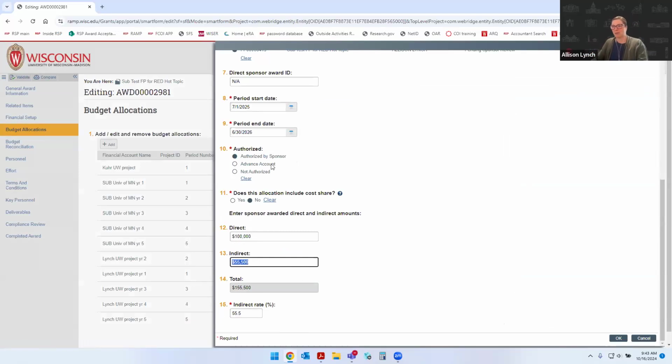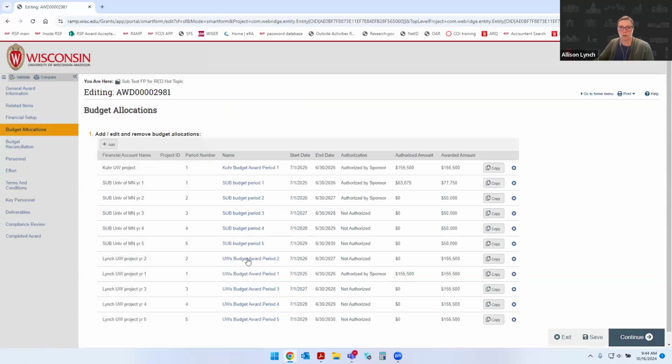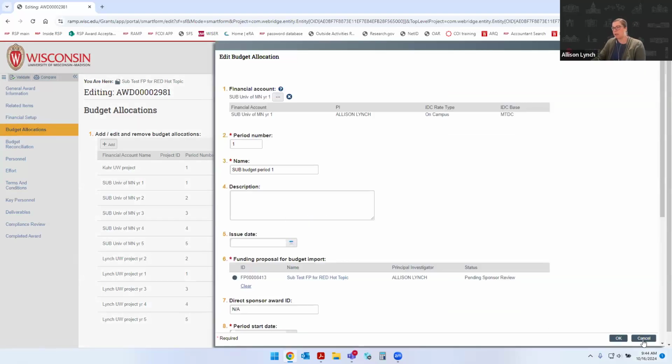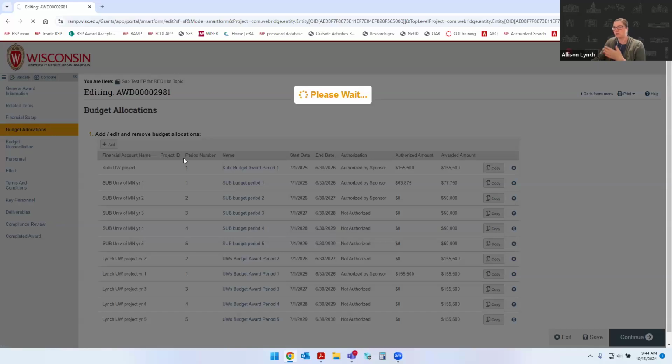So the budget allocation page is where you're documenting the lump sum direct and indirect splits for each UWPI. And then on the reconciliation page, that's where you reconcile these lump sums into the detailed cost categories for each UWPI.